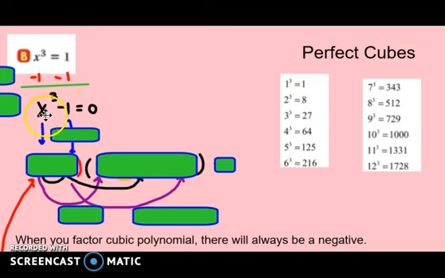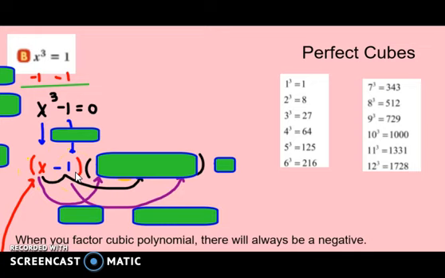Now, a perfect cube factors into a binomial and a trinomial always. So the cube root of x cubed is x. The cube root of 1 from this list, we can see it is 1. So that's my binomial.